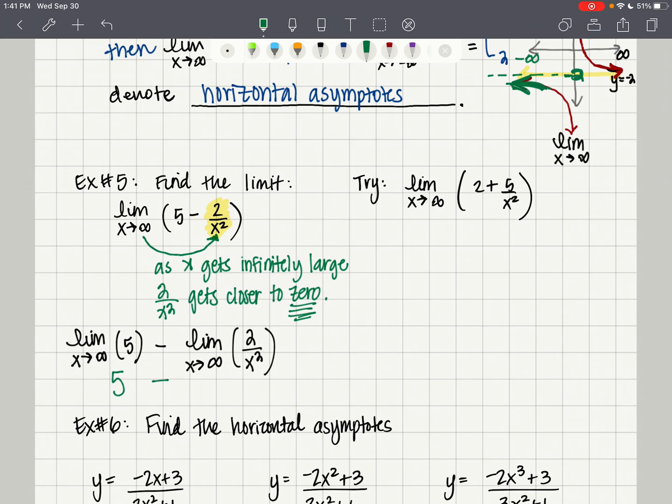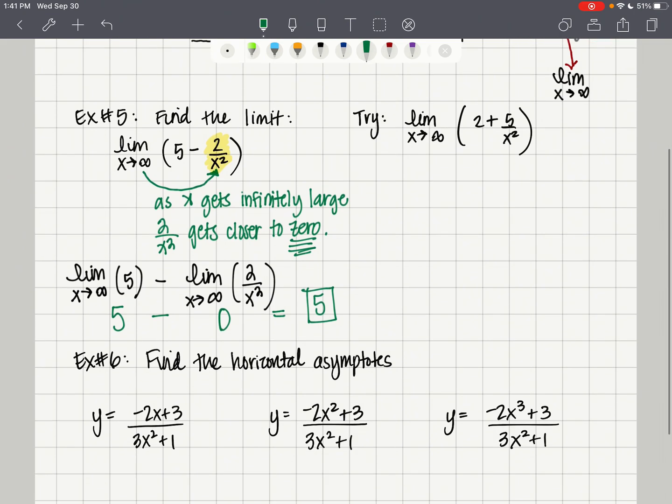The limit as x approaches infinity of 2 over x squared, well, that's 0. 5 minus 0 is 5. And that's how you find your limit. So go ahead and give the next one a try. And then we'll look at the horizontal asymptotes, which you'll say, ooh, interesting.